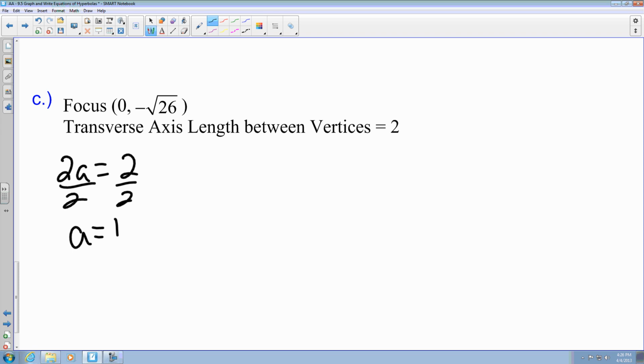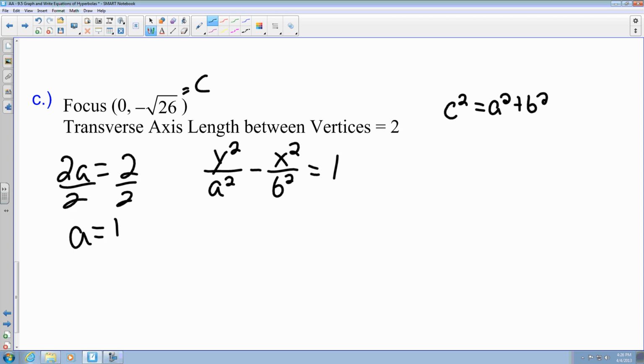And then the focus there tells us that it's on the y-axis. So that means it's going to be in the general equation y squared over a squared minus x squared over b squared equals 1. And then this is also the distance for c. And then we can find b by taking c squared equals a squared plus b squared.